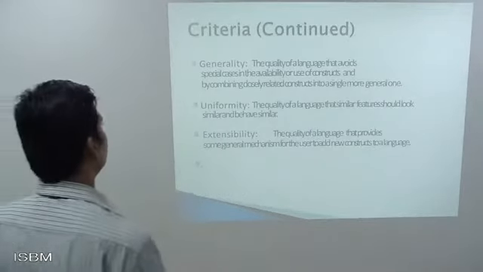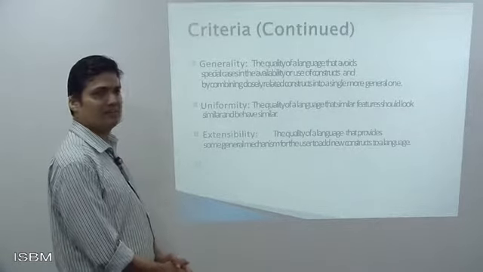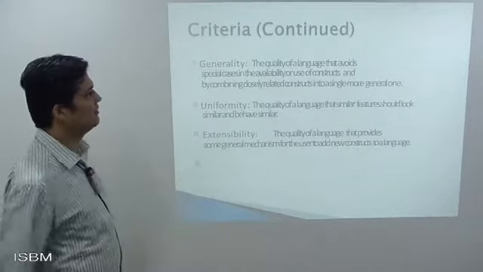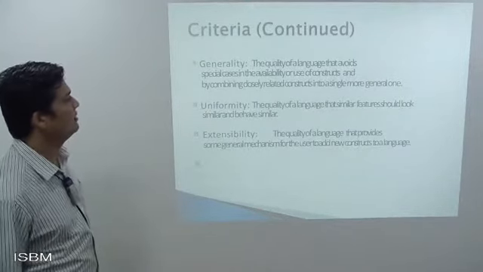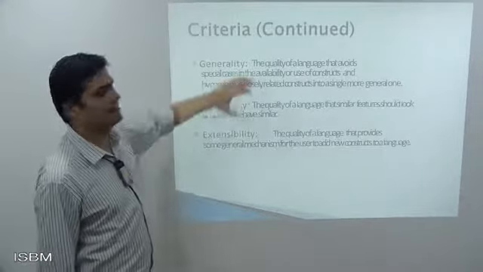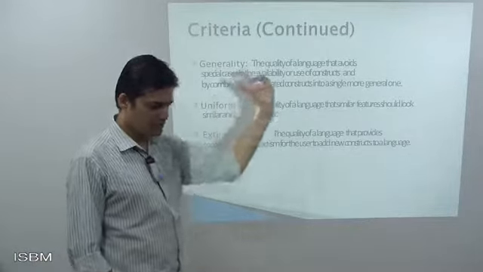Next criterion, generality: the quality of a language that avoids special cases in the availability or use of a construct, by combining closely related constructs into a single more general one. There is also uniformity: your code should be very uniform.